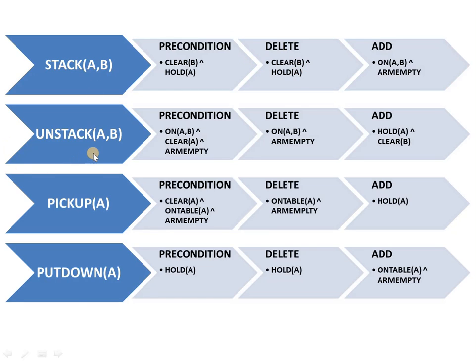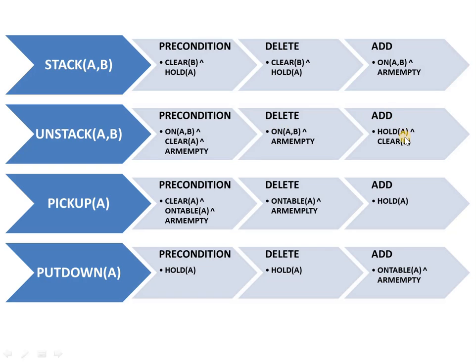Now moving on to unstack. Precondition: on AB, clear A, arm empty. These are the preconditions. So A should be on top of B so that we can unstack it. After the execution, A will be in the hands of the robot arm. That's why it is called hold A, and the top of B will be cleared. Clear B. So what all things are wrong here?